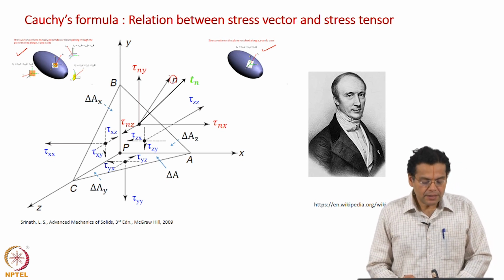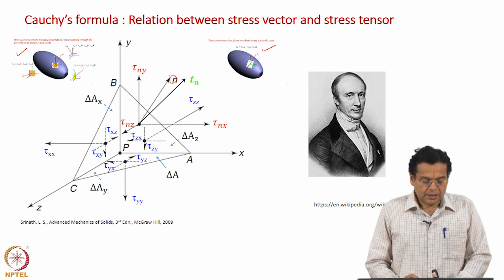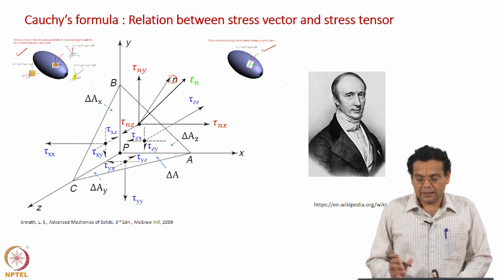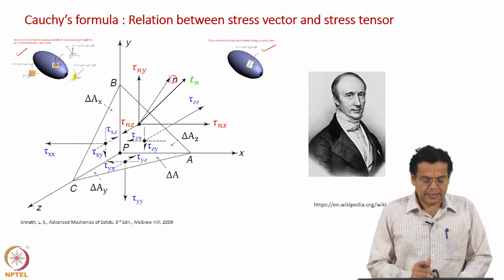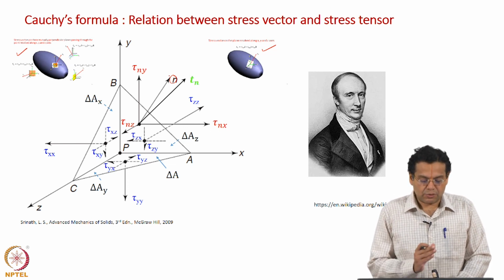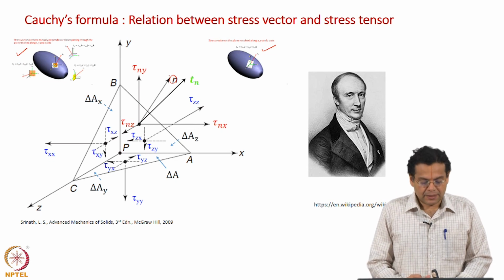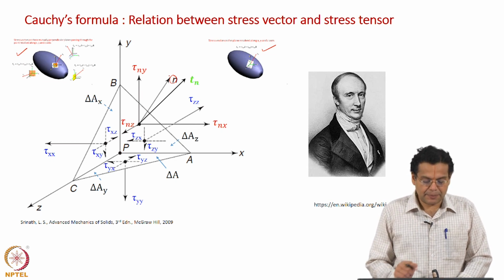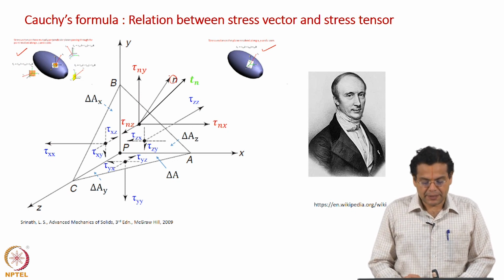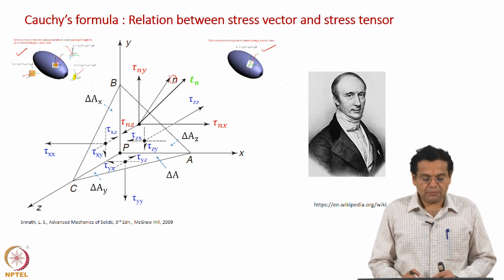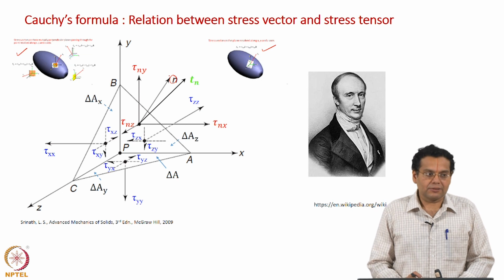The 3 planes parallel to the coordinate planes are BPC, whose normal is the x axis, then the plane CPA whose normal is the y axis, and then the plane BPA whose normal is the z axis. Of course, all the normals are towards the negative axis, not the positive axis.